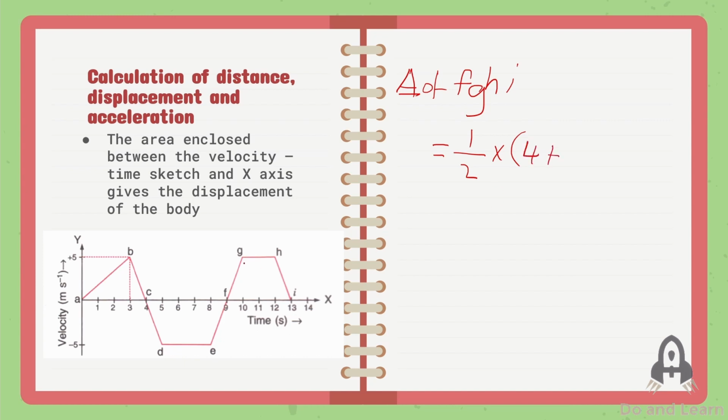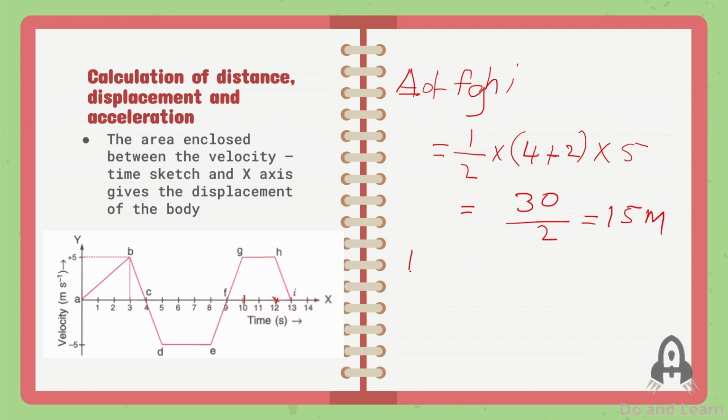Plus GH. GH is 12 minus 10. That's 4 plus 2. Multiply the height is same, 5. Equal to 4 plus 2, 6. Multiply 5, 30 divided by 2 equal to 15 meter. That is the displacement along the curve FGHI, 15 meter.